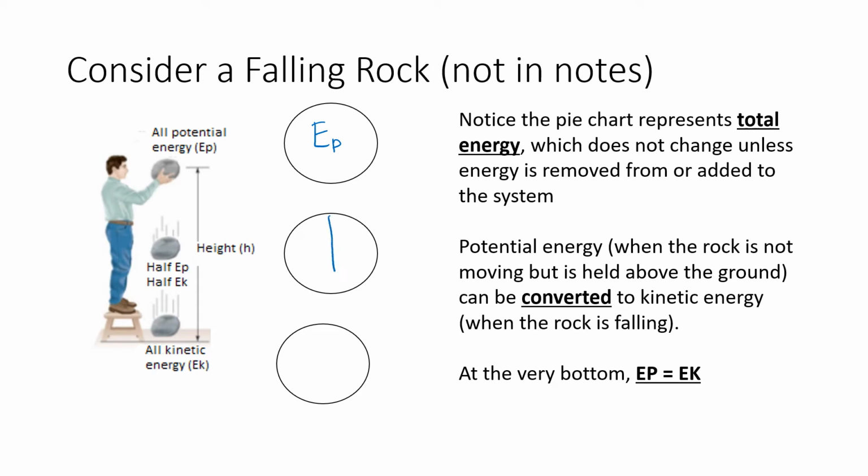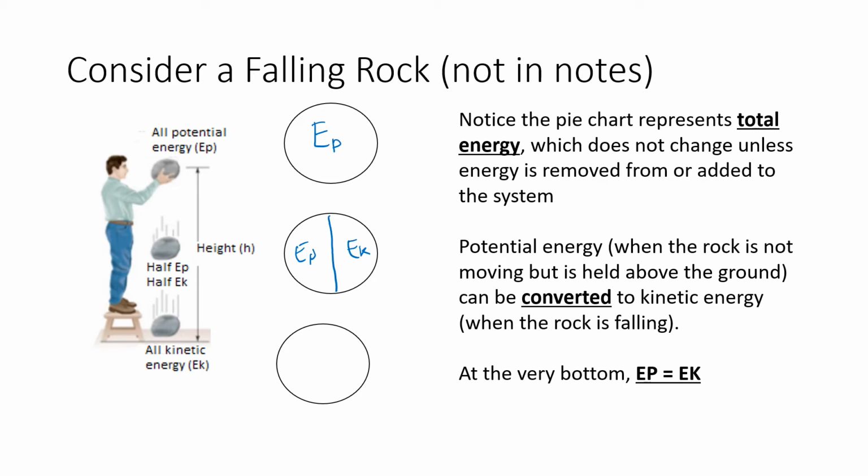When it is halfway down, it now has half its potential energy because it is half as high off the ground, so half the height, half the potential energy, and therefore the rest of the pie chart within our system is kinetic energy.